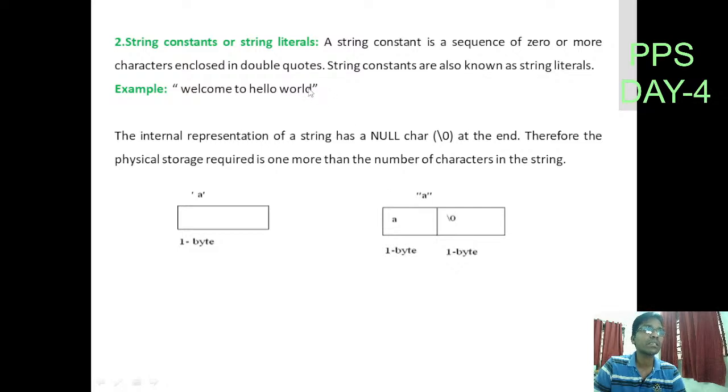To avoid printing garbage characters in a string constant, we provide one more space for storing the null character. That is the only difference between single character constants and string constants.